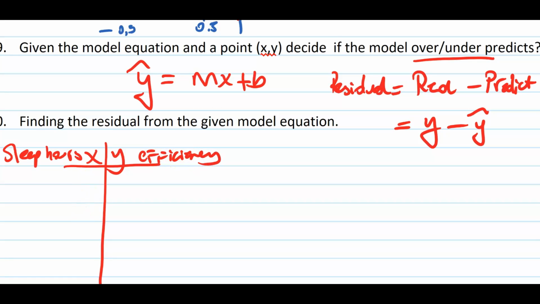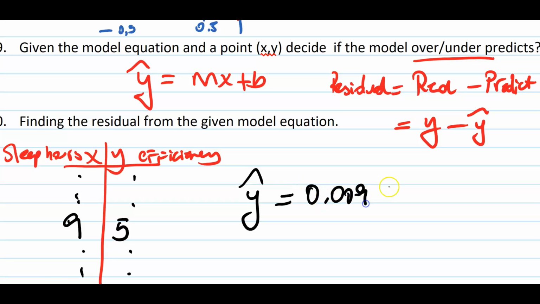Among many data points, if people sleep 9 hours, let's say their efficiency constant is 5. So we're going to create the model. Obviously, there is other data here. The model will be given to you. You're not going to need to enter the data in Excel and deal with that. So the model predicted, let's say, this, and 2. When I plug in 5 according to this model, I will have some y hat value.